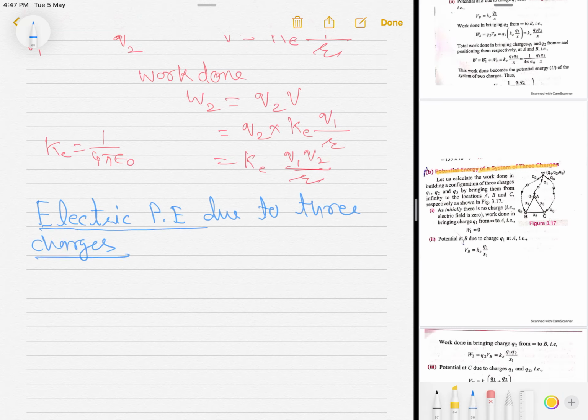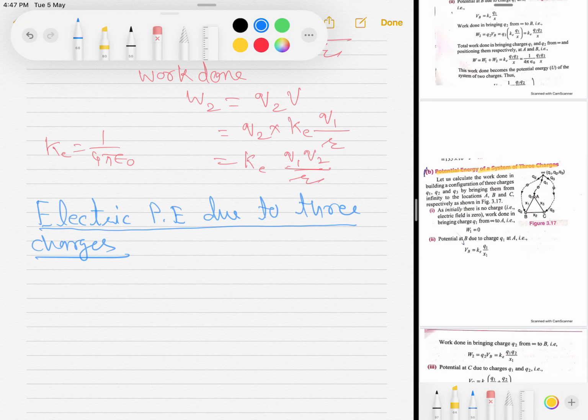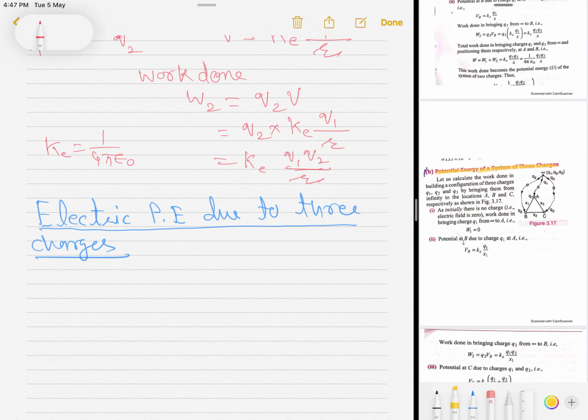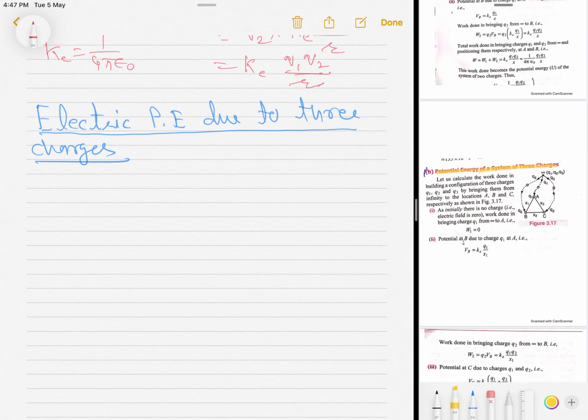It means we want to put three charges at some distance. Let me make here q1, q2 and q3 at positions A, B, C. So, the distances are R21, R32 and R31.